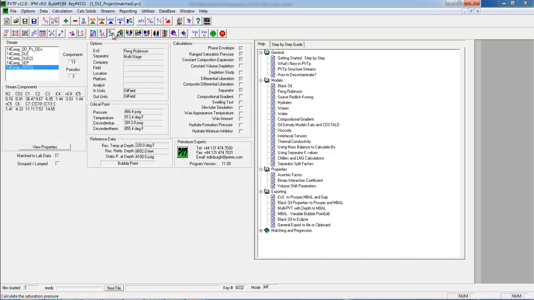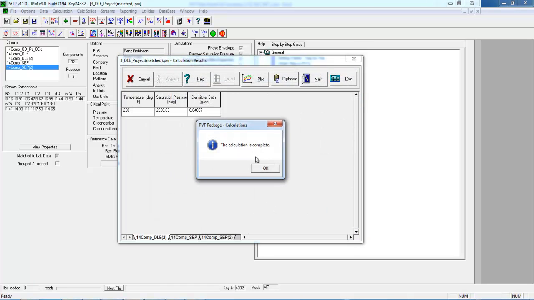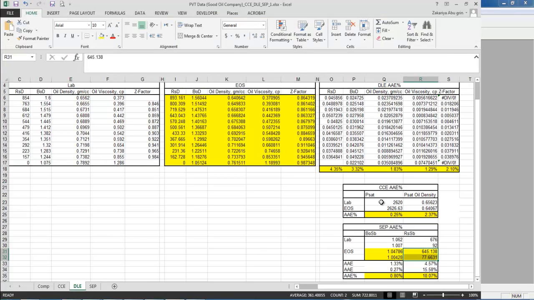So we will start with DSAT. For DSAT, it's still CCE.